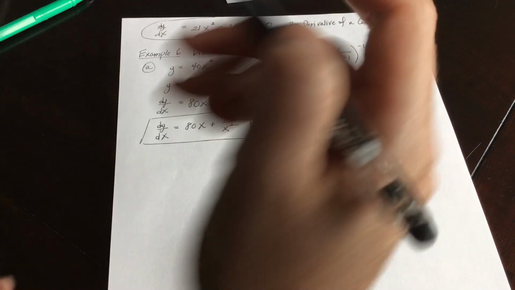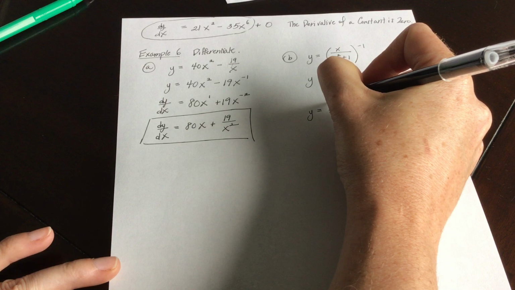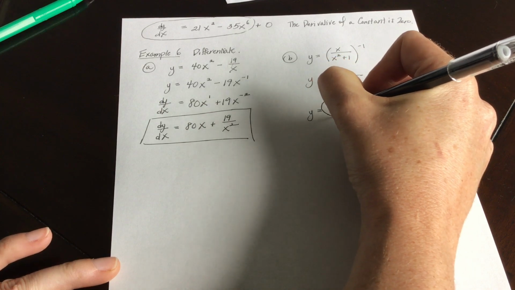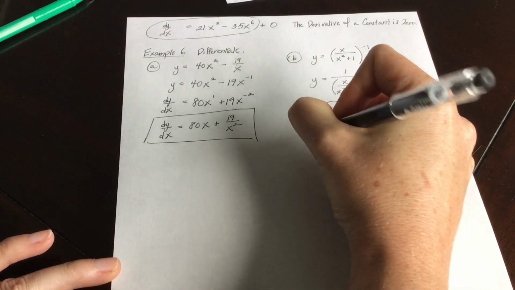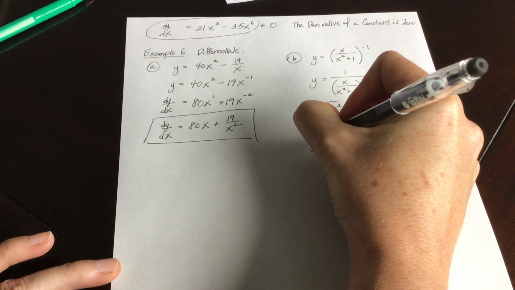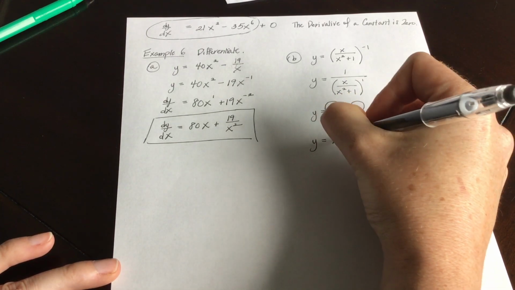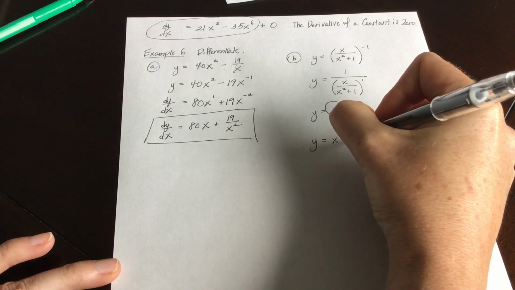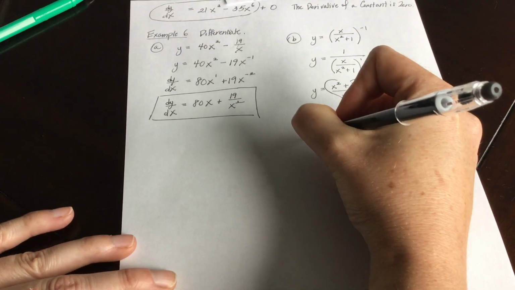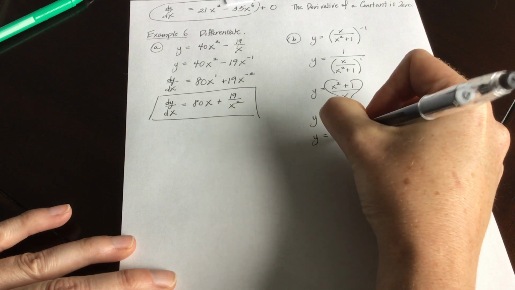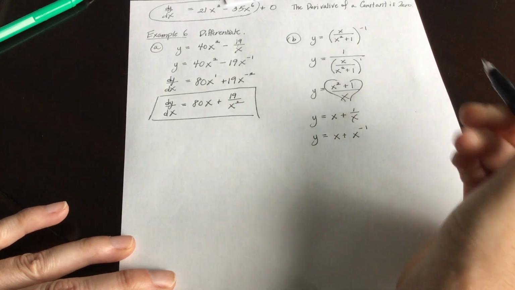So what you're going to need to do is a little more algebra. So I'm going to go ahead and divide that x in. I'm still not calling it dy dx, I'm calling it y. And so you'd have x squared over x, which is x, plus 1 over x, which is equal to x plus x to the negative 1.